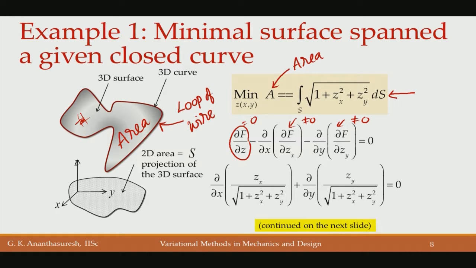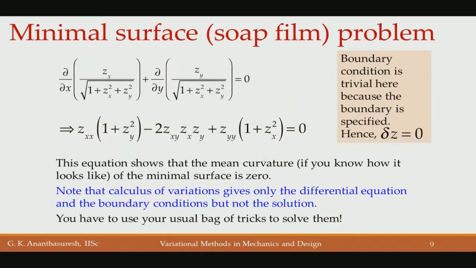We have here dou by dou x of this part and dou by dou y of this part. If you continue the differentiation, you get an expression that looks like this.